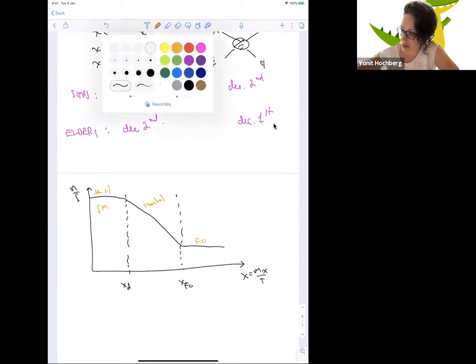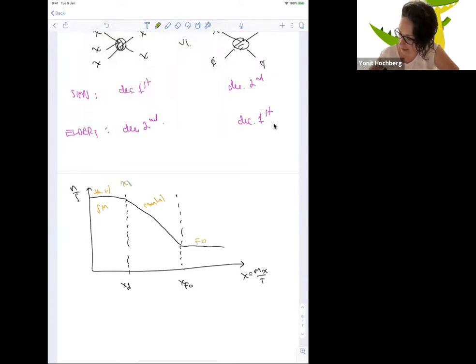Okay, and these two points, this is where the chi gamma to chi gamma freezes out, and down here is where chi chi to chi chi stops. So this is a similar but a little bit different picture for freeze out that occurs for elder dark matter because of this intermediate period of cannibalization.